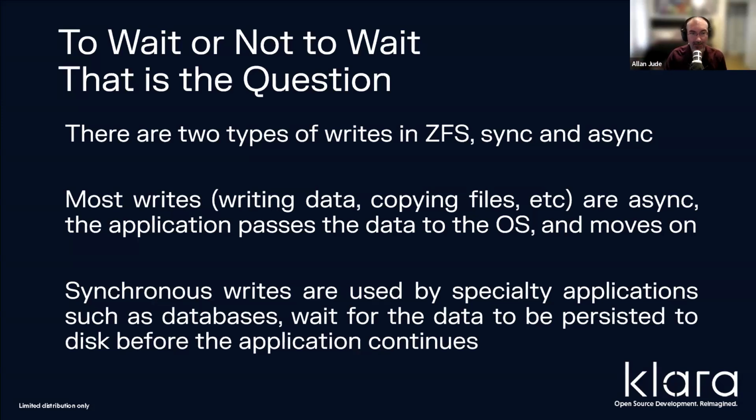But with those asynchronous writes, we basically keep the data in memory, and then at the end of the transaction group, which is sometimes up to 5 seconds away, then we write out the data onto the hard drive so it's persisted. And so that means when the application writes the data and when the data goes to the disk might be a couple of seconds apart. There's advantages to doing this, right?